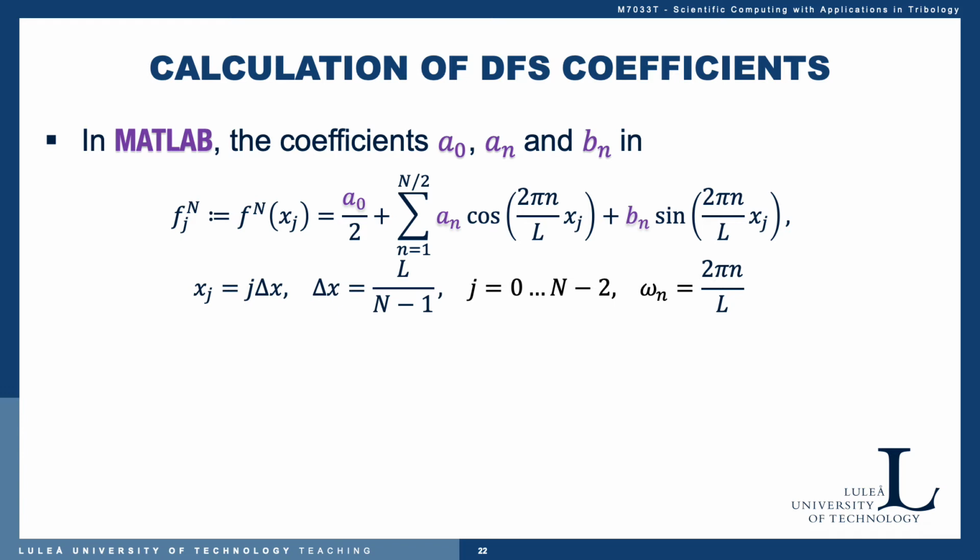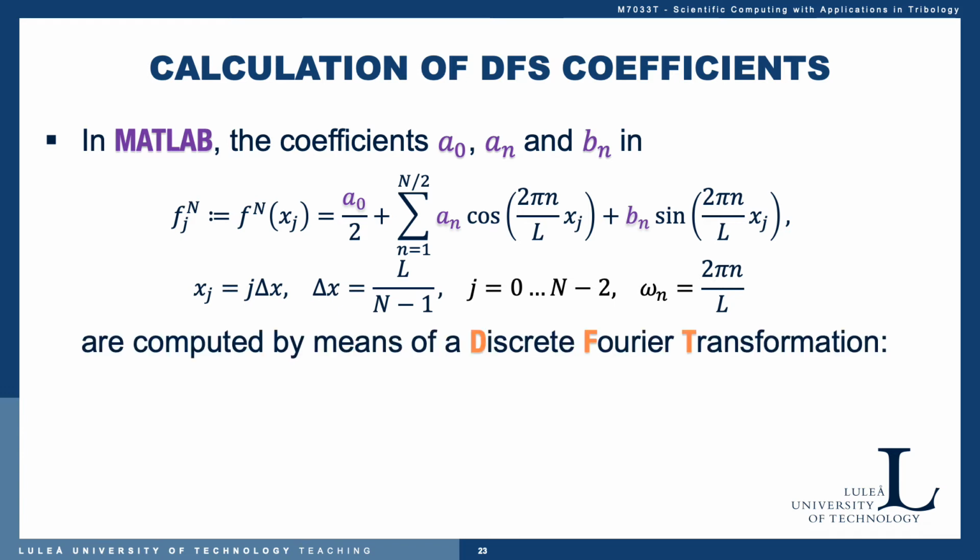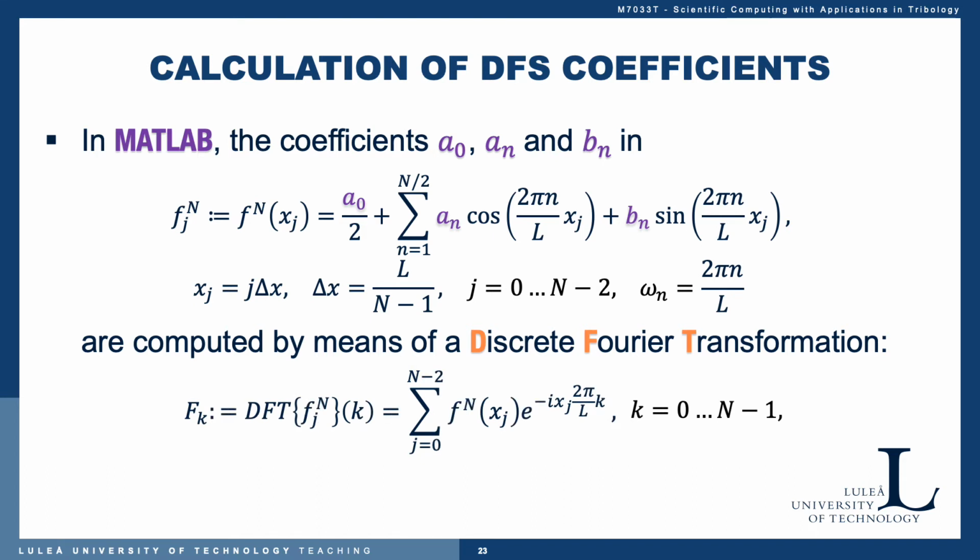So the coefficients a0, an, and bn are computed by means of the discrete Fourier transformation, which in MATLAB reads like this.